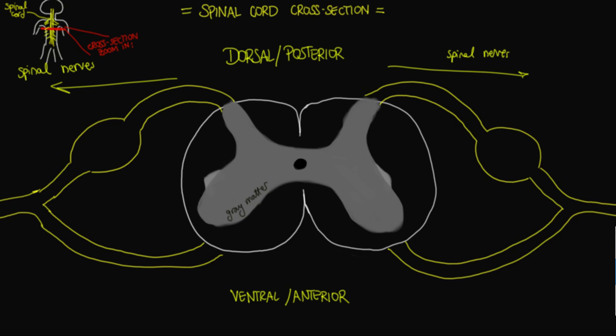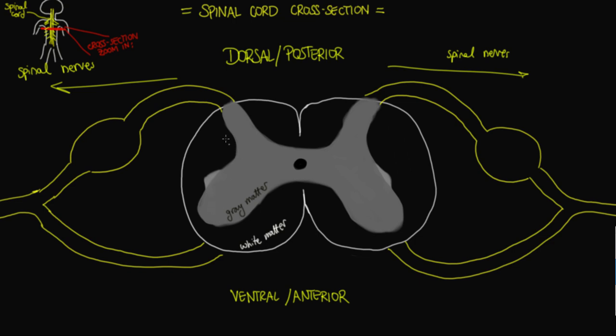Whereas if you compare the outside of the spinal cord, this is going to be composed of white matter. And so this white matter is given again this coloration due to the presence of myelin. And so in this area, the myelinated axons give off the white coloration.